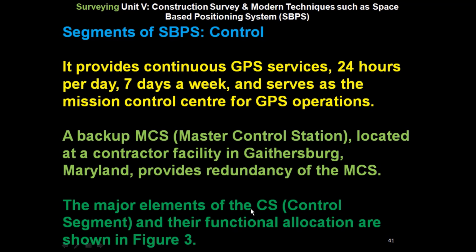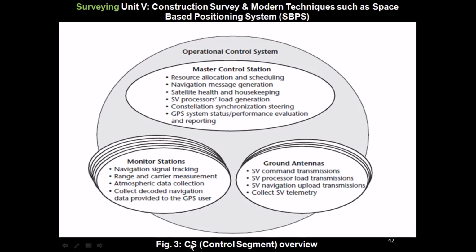The major elements of the CS, that is control segment, and their functional allocation are shown in figure 3. So here figure 3 is shown, that is the CS control segment overview. This is the operational control segment, which includes the master control station, monitor stations, and ground antennas. The master control station includes resource allocation and scheduling, navigation message generation, satellite health and housekeeping, SV, that is space vehicle, processor load generation, constellation synchronization, steering, GPS status, performance evaluation and reporting.